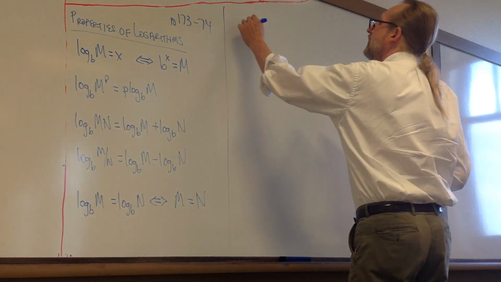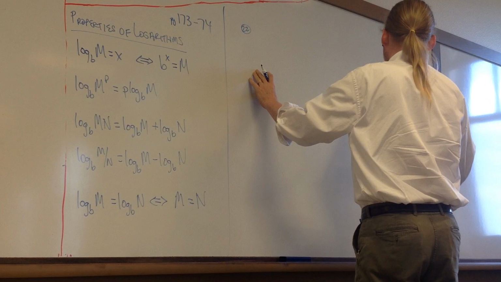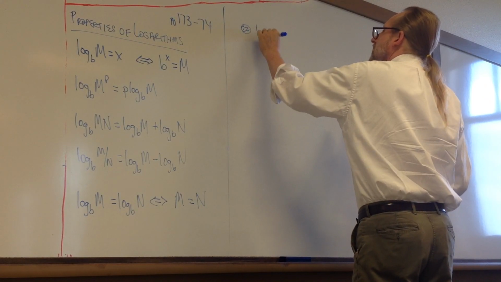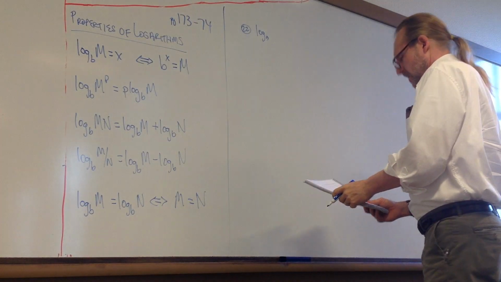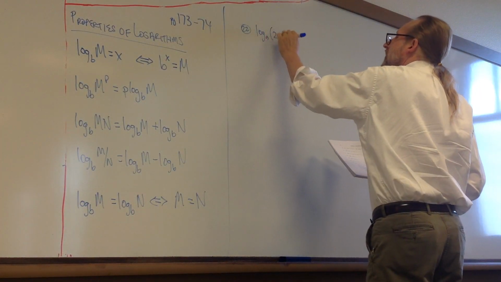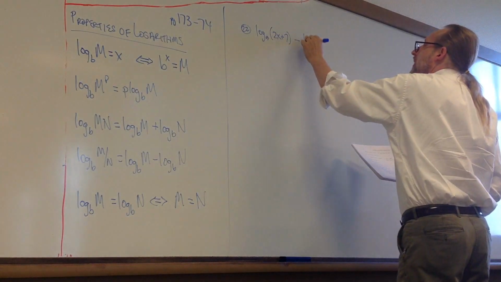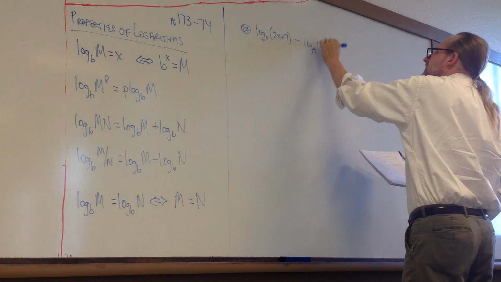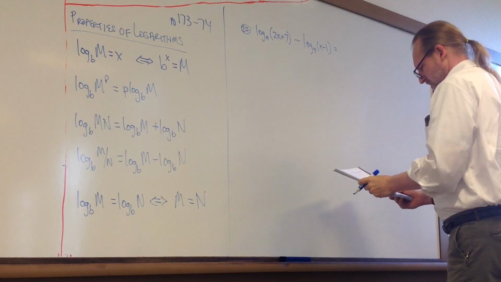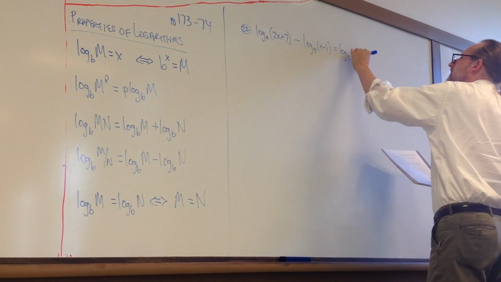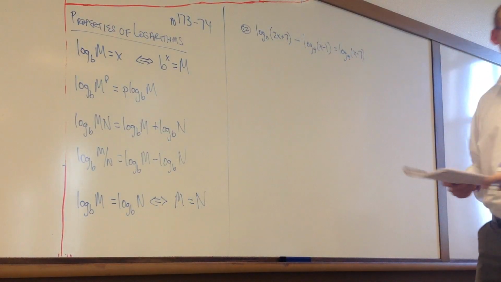Okay, let's keep going here. Problem 22. We've got log to the base 9 of 2x plus 7 minus log to the base 9 of x minus 1 equals log to the base 9 of x minus 7.